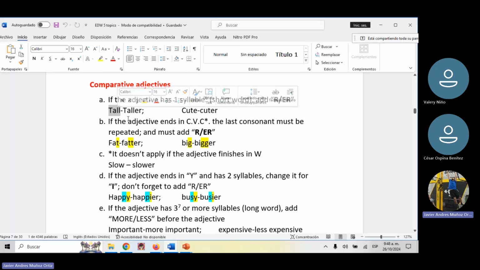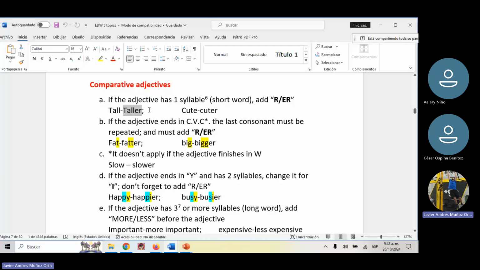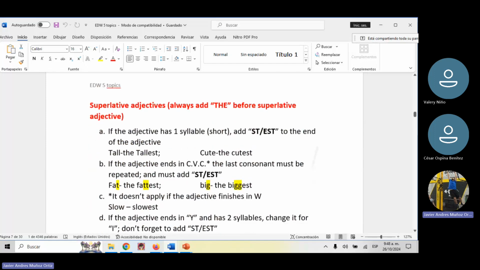For example, tall, taller. Marcos is tall. Fernando is taller than Marcos. Marcos is tall, Fernando es más alto que Marcos. And for the superlative adjective, we are going to do something similar because we are going to add est.